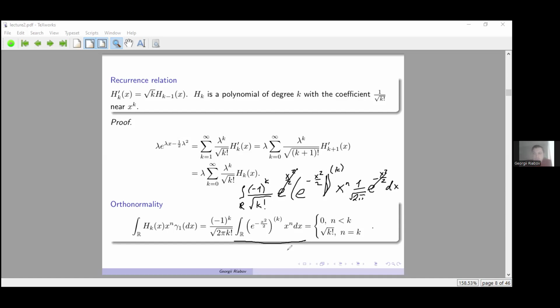Now, if we integrate by parts k times, then we will transfer the derivative of the exponent to the kth derivative of x to the power n. But since n is less than k, it will be 0.